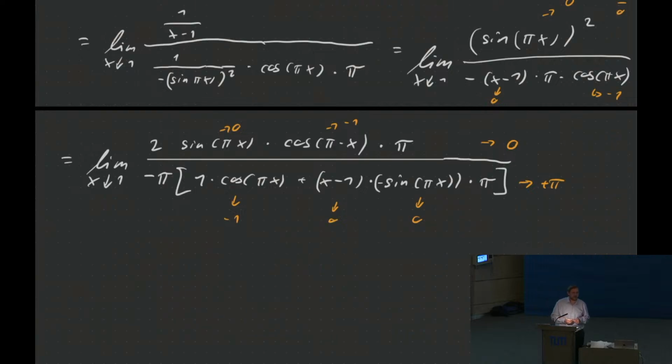And now we finally have a situation where we can just substitute the values and get our result. So that's 0 over pi, or just 0. And remember, the limit exists. So L'Hopital's rule may actually be applied.